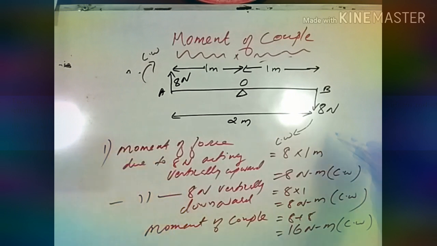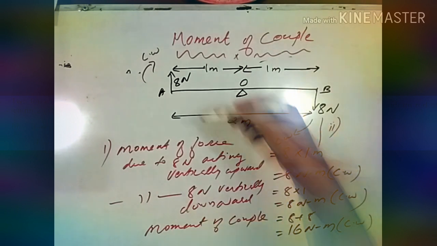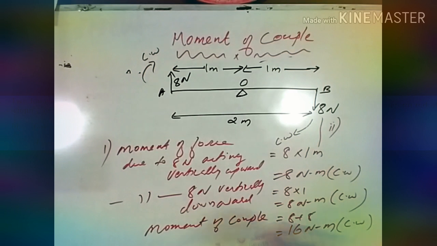Moving on to the second part. What is the second part? To name the resultant effect of these two forces. What is the effect of these two forces? When two forces are equal in magnitude but opposite in direction, what is constituted due to these forces? All of you know that it forms a couple.